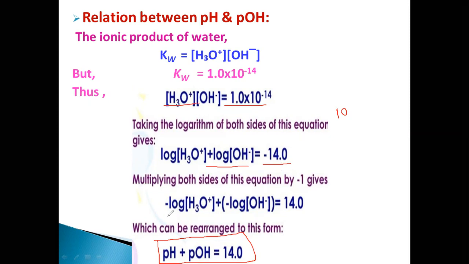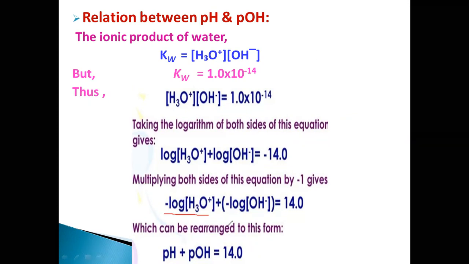Right. As we know, according to the definition, pH is equal to minus log to the base 10 of concentration of hydronium ion. So this is called pH. And what will pOH be? It is the negative logarithm to the base 10 of concentration of OH minus ion. So that is nothing but pOH equal to 14.